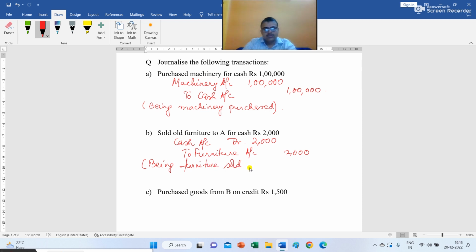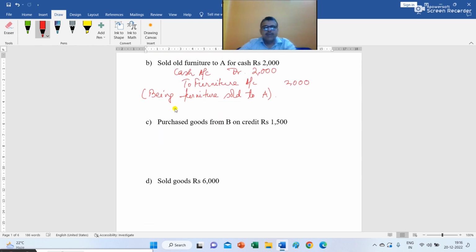Now coming to the third journal entry, purchase goods from B on credit rupees 1500. So here there is no cash transaction. There is no outflow of cash. So when you are purchasing goods on credit, your journal entry is purchase account debit to B account.